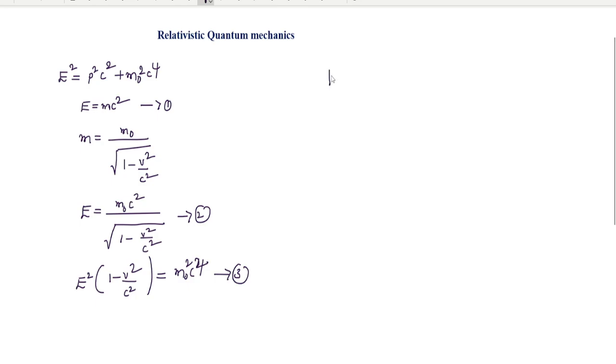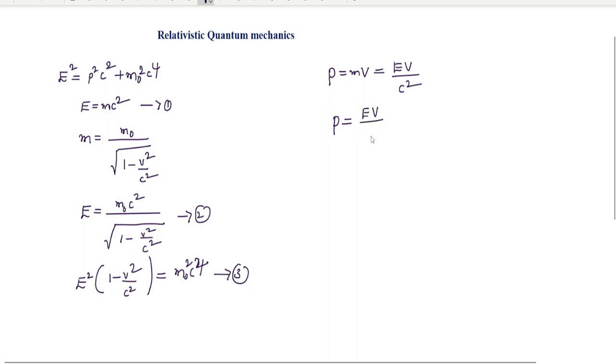Now we know the linear momentum P equals mv. If you want relativistic momentum, for m we need to use E divided by C square. Therefore, relativistic momentum P equals EV divided by C square. So this is equation number 4.